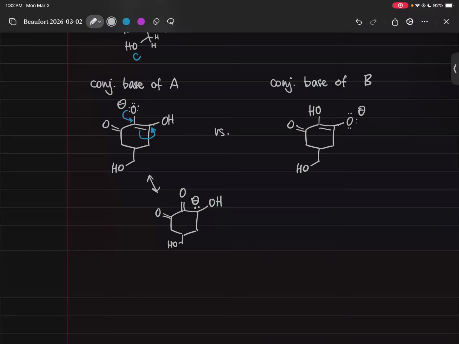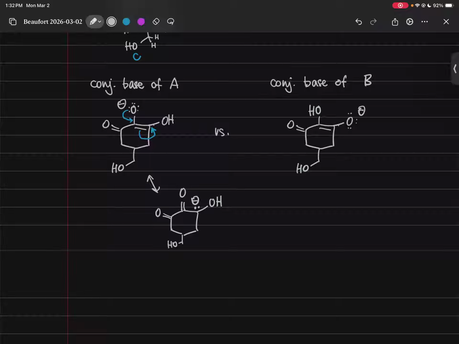Can you write that as a double bond instead? Double bond where? Between the carbon and the oxygen? Yeah, on the third one, when you move that double bond. What do you think?